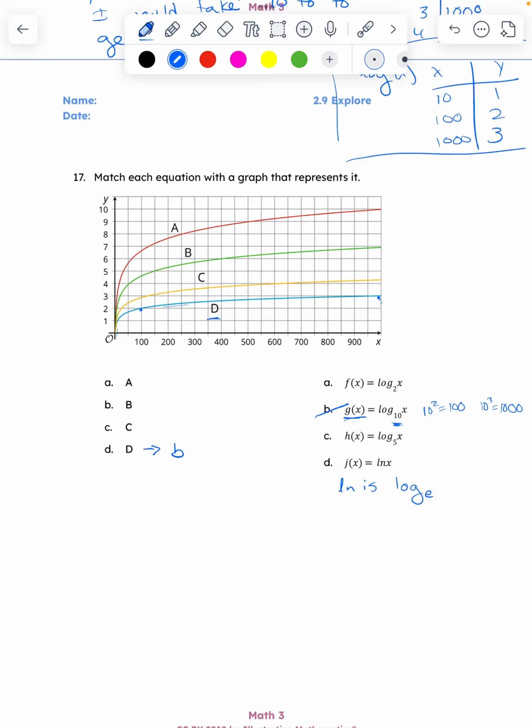Okay. Then the next most steep is 5, that's the next biggest base. So my guess is that C is going to go with C, but I can check it. I can look at some cool power where I might have an intersection.